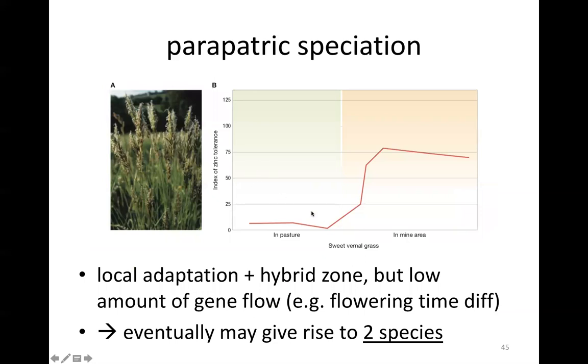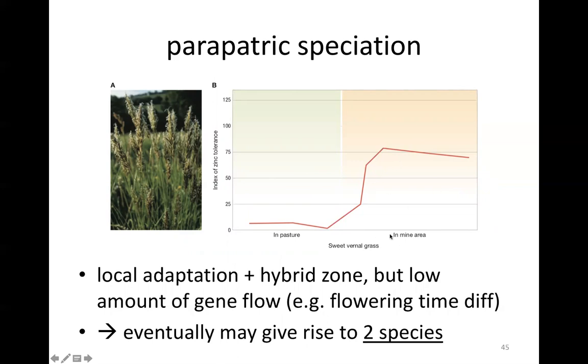So this is a type of grass that normally lives, of course, in normal soils, but has also managed to colonize mine areas where there's a lot of toxic elements in the soil. And these populations apparently can still exchange genes with the ancestral pasture population. Here we see zinc tolerance.